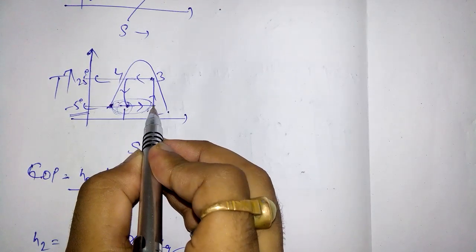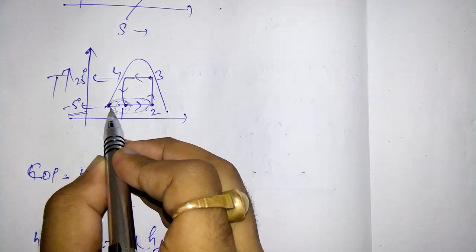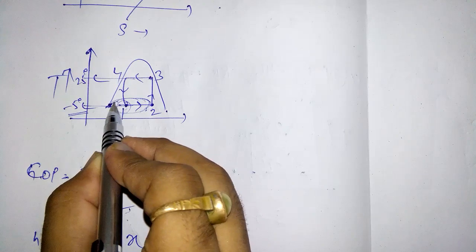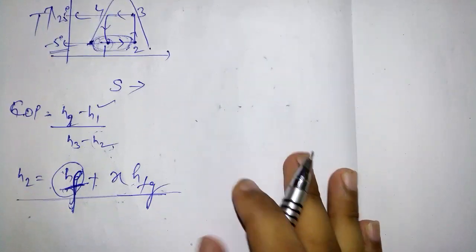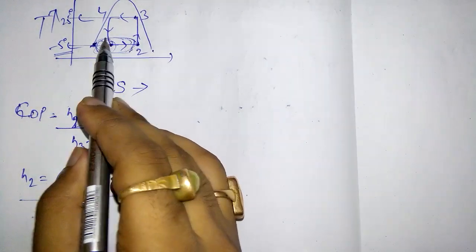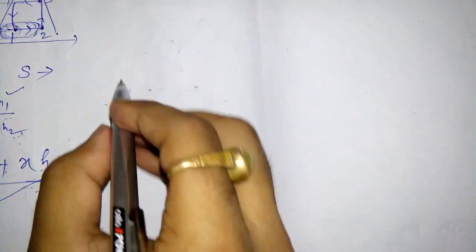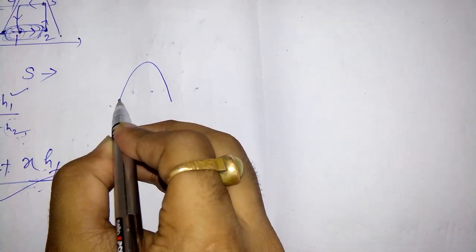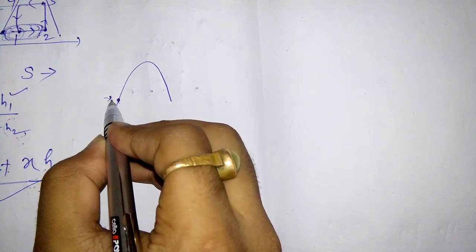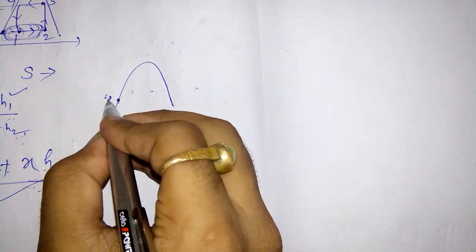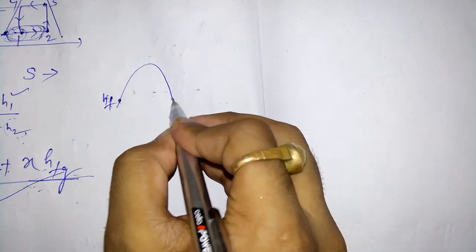This is H2. H2 is here. So H2 is enthalpy at this point plus the change here. So what is the change that has taken place here? From where did this formula come? If you want to know, I can show you. Suppose this is your G point, suppose this is your F point, HF, and this is your HG.